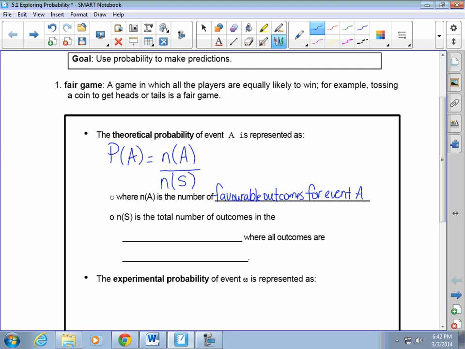And n(S) is the total number of outcomes in the sample space S, where all outcomes are equally likely. That's saying you would have a fair die or a fair coin, or it's a fair game. So that's theoretical probability. It's the number of favorable outcomes over the number of possible outcomes.